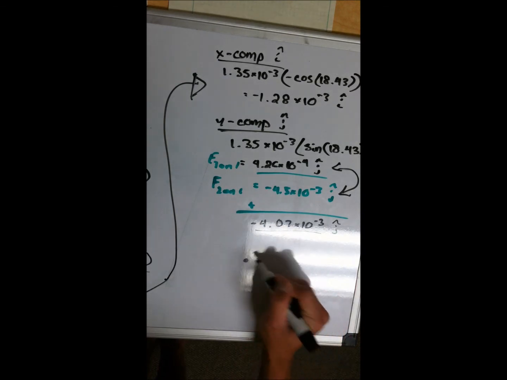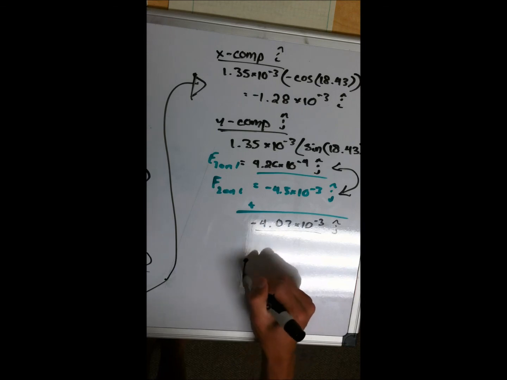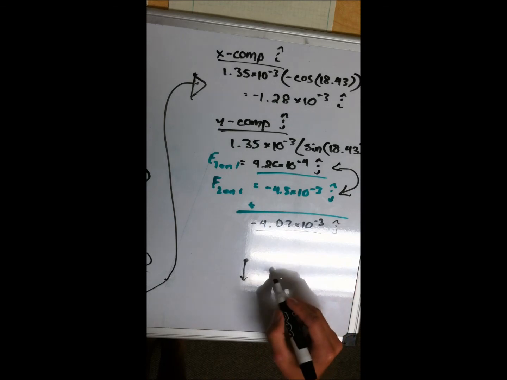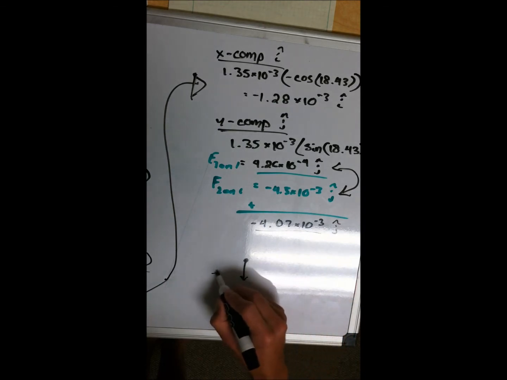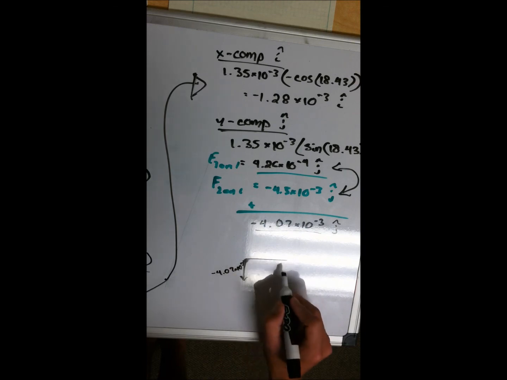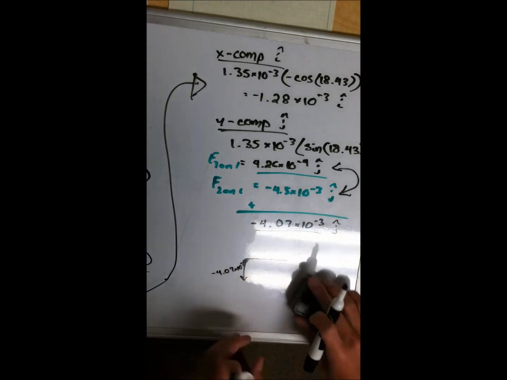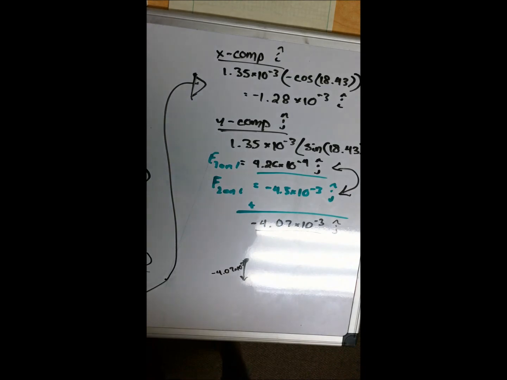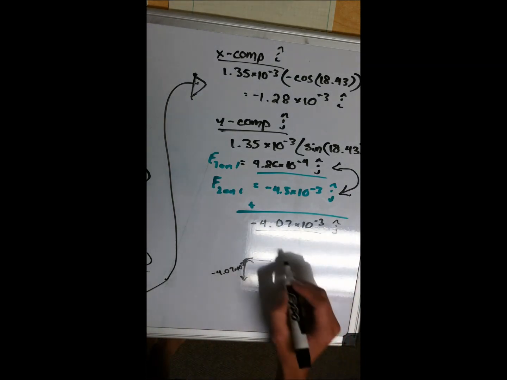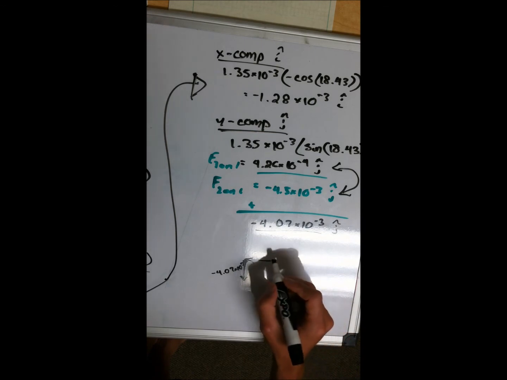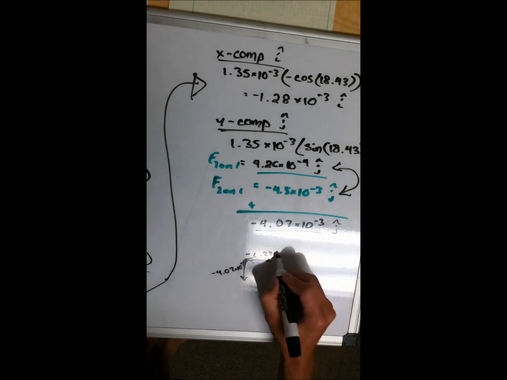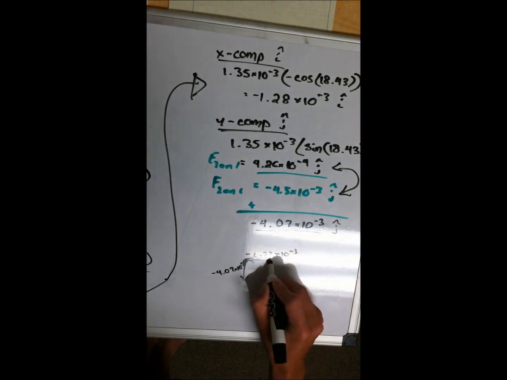So when we draw this out here, we have this force going down, in the j hat direction, which is negative 4.07 times 10 to the negative 3, and we have a force going in the negative x direction, which is negative 1.28 times 10 to the negative third.